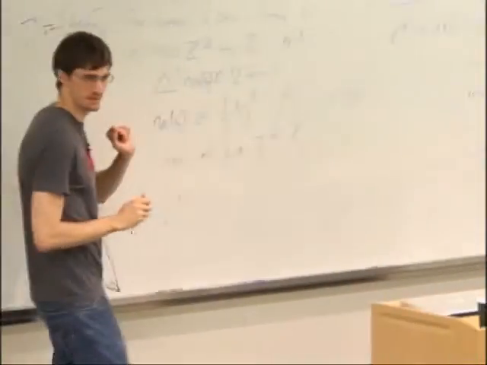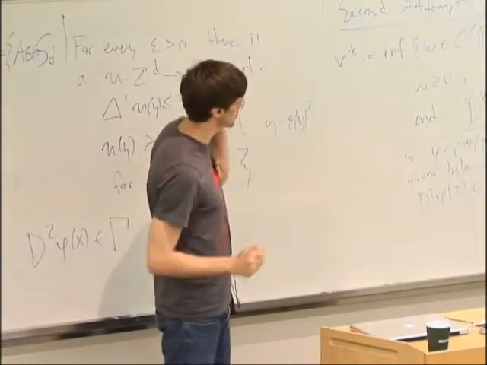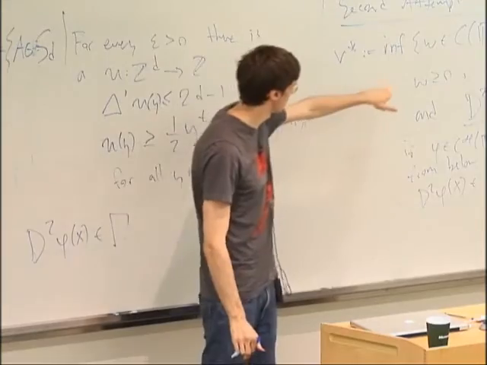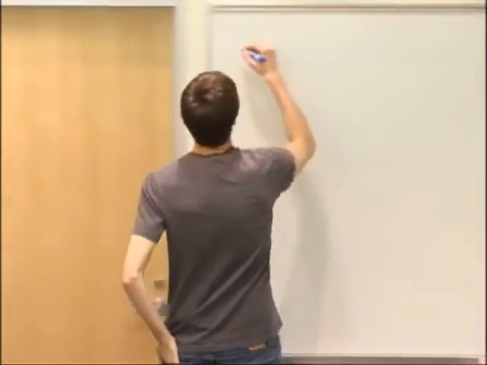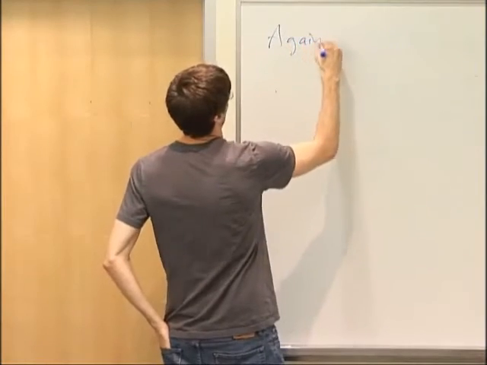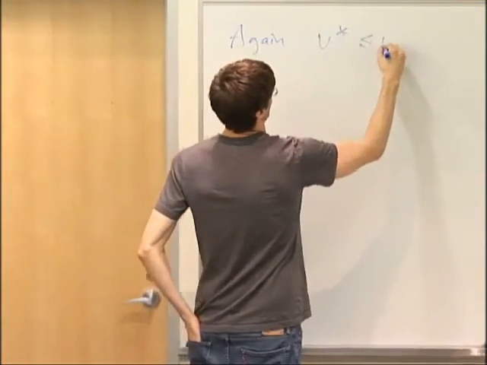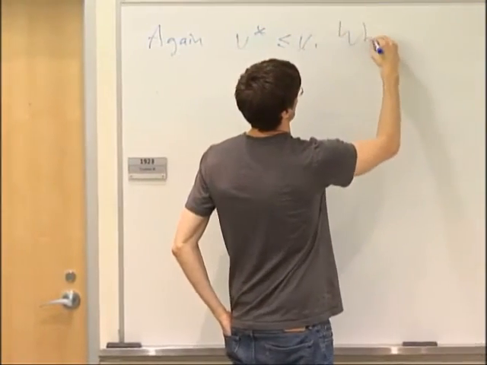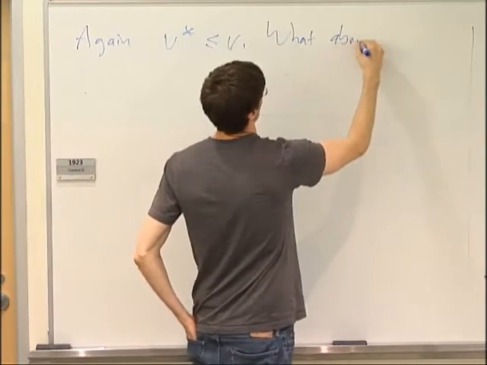I claim now we actually get uniqueness. From the calculation that I just talked about, we know again that v star has to be less than v. So now the question is what about the other direction?